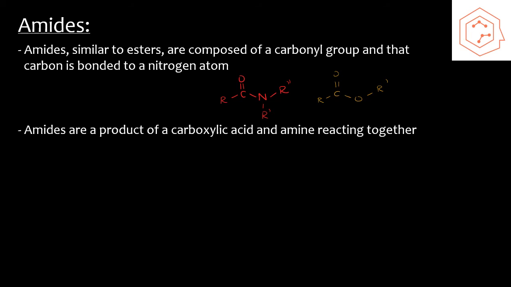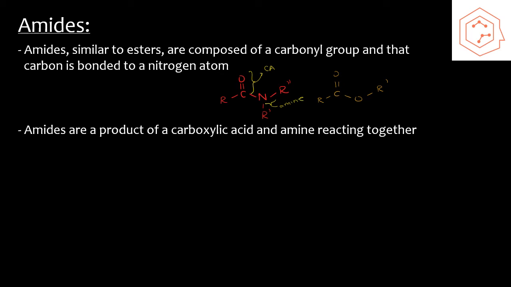So we can form amides through a reaction between a carboxylic acid, which is where this carbonyl group is going to come from, and an amine, which is where our nitrogen comes from.